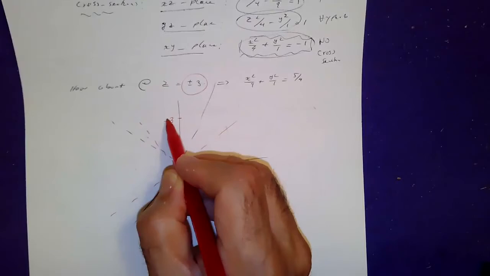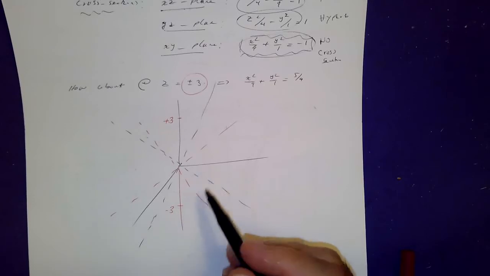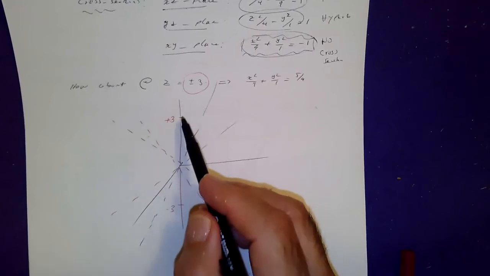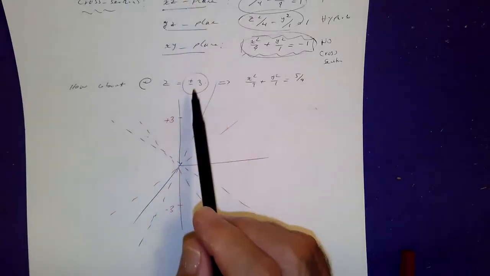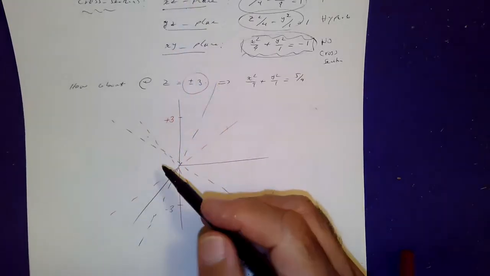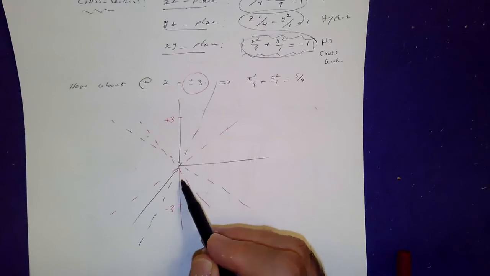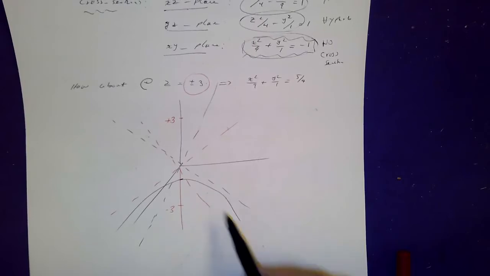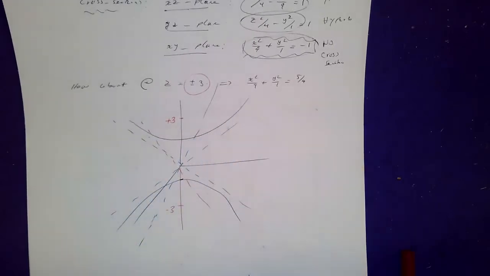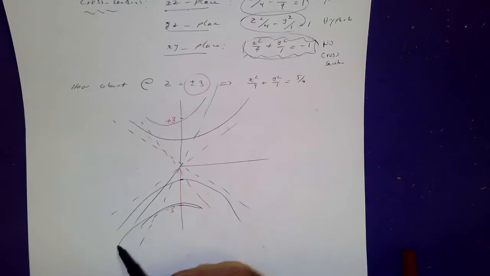I'd like to know what the cross section of these hyperbolas would be in the plane z equals plus or minus 3. The branches of the hyperbolas will be something like this.